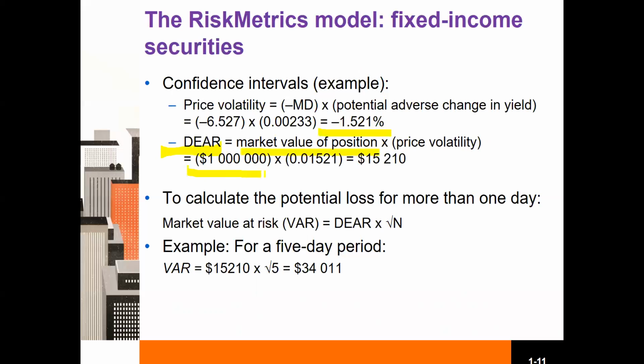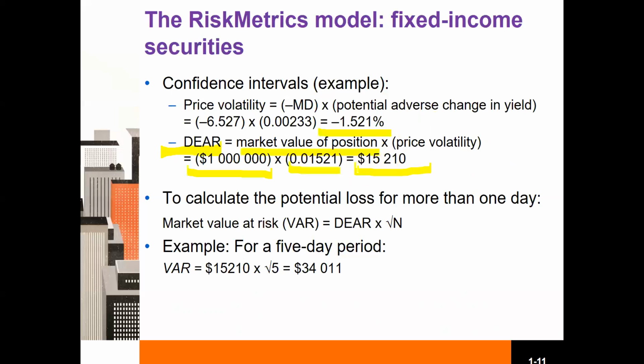The financial institution has an investment of $1 million in the bond portfolio, multiplied by the price volatility we just calculated. So it's 15,210. It means that if the yield changes adversely, the value of the trading portfolio will decline by 15,210.